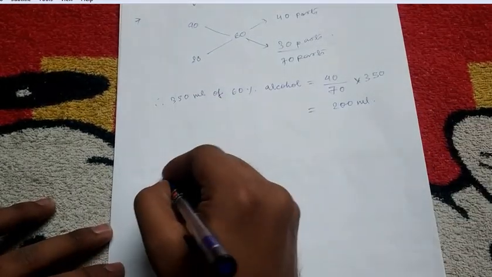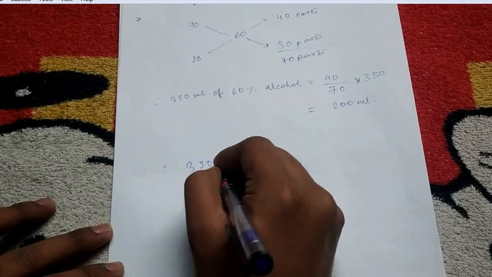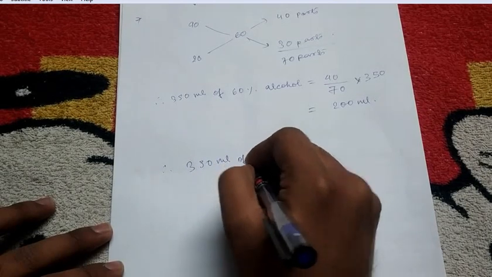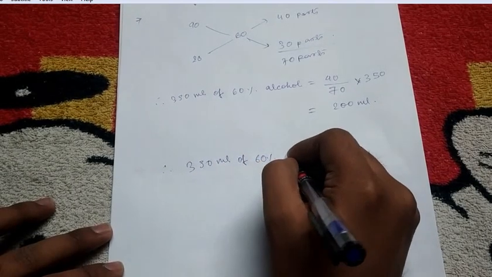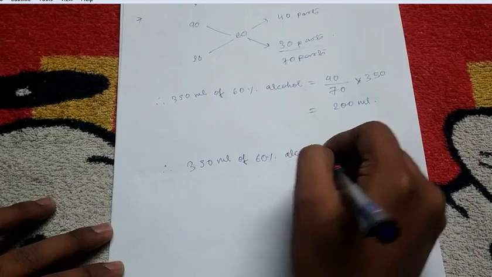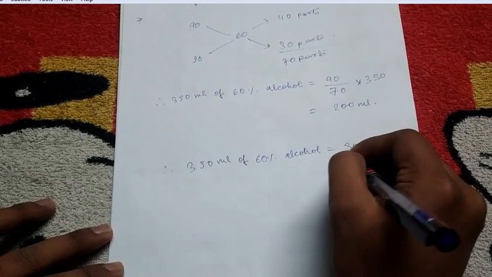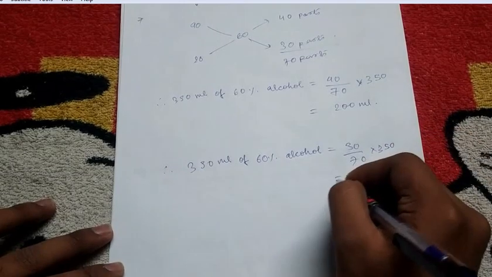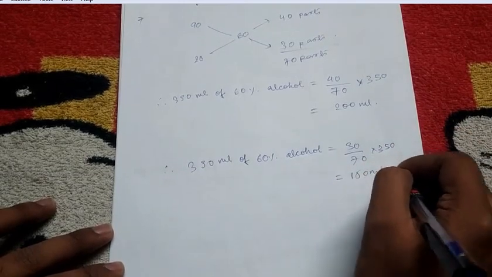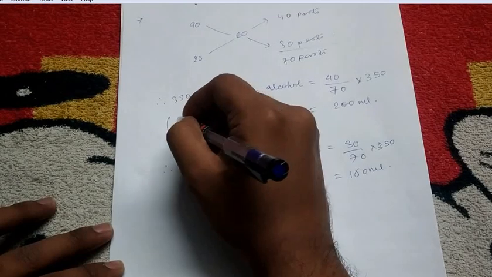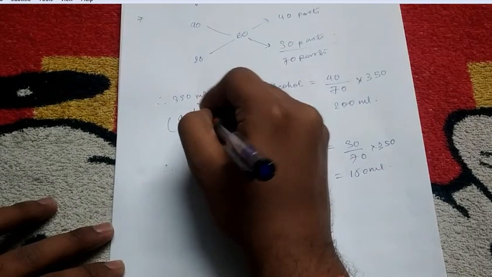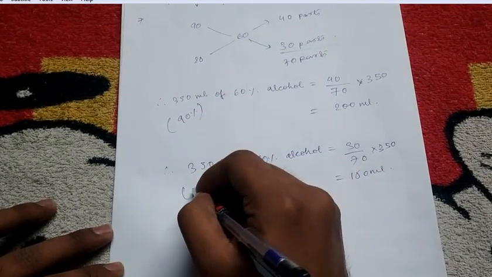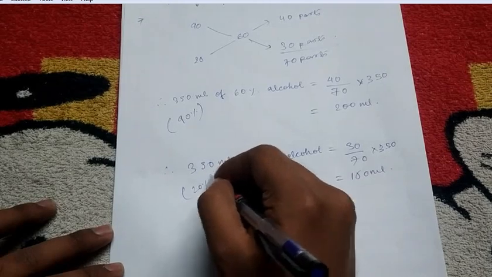Again, 350 ml of 60% alcohol needs 30 by 70 into 350, that is 150 ml. So this is for 90% alcohol and this is for 20% alcohol.